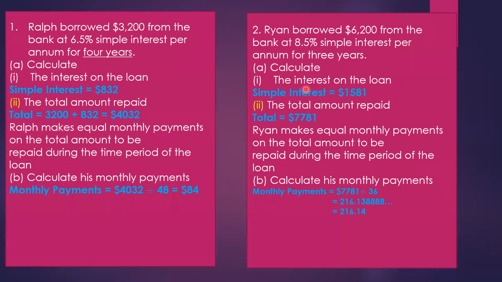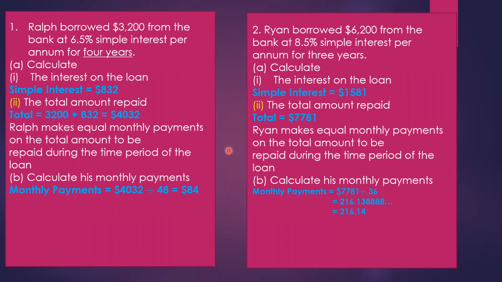B says Ralph makes equal monthly payments on the total amount to be repaid during the time of the loan. Calculate his monthly payments. So all you would do is divide the total amount repaid by how many months are in the time they give you.